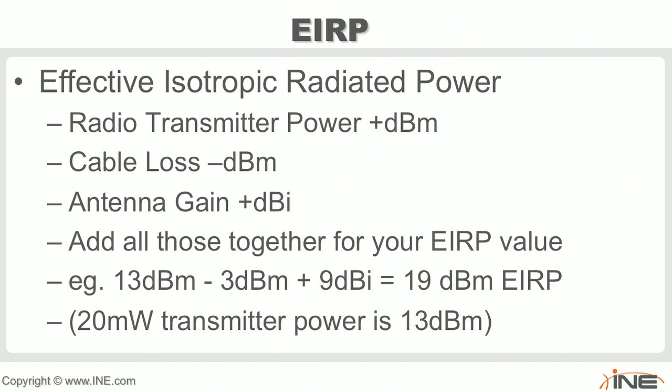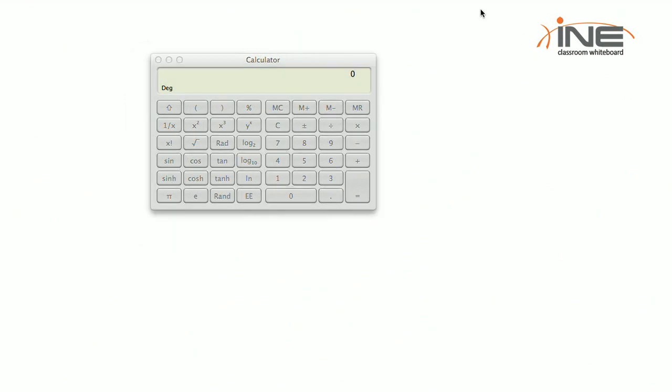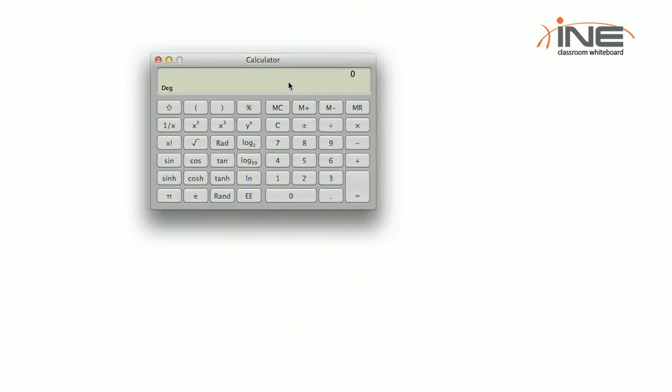Okay, remember, I put down there that 20 milliwatt transmitter power is 13 dBm, so that's where I came up with that original value of 13 dBm being 20 milliwatts. So just for fun, since we have 19 dBm, let's try to figure out how much effective power that would be. We know the decibel value, but we need to find milliwatts.